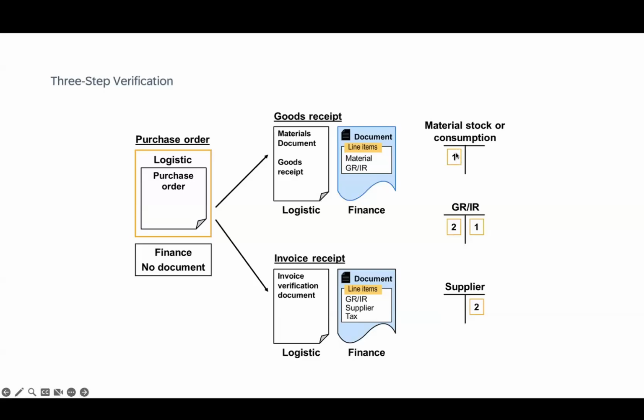That's where we see our first posting there into the material stock account. So that might be finished goods ready for sale. And the other side of that, the credit side, goes into the GRIR clearing account. It sits in there whilst we wait for the invoice to come through. Now let's imagine that this invoice comes through that's saying, yes, we've sold you 100 items, but the price is 11.